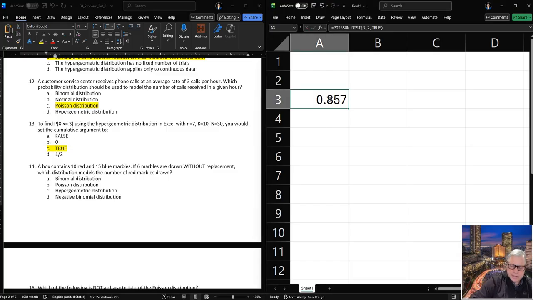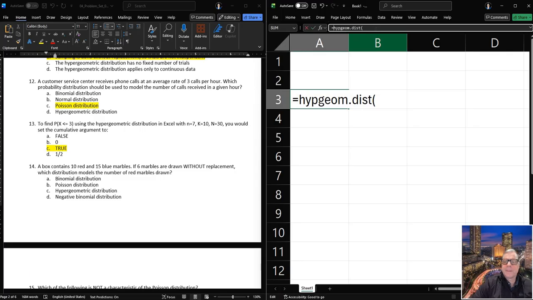So we would write something like, what's the probability, should start with an equal sign. Okay, so the sample successes is 7. We draw 10.